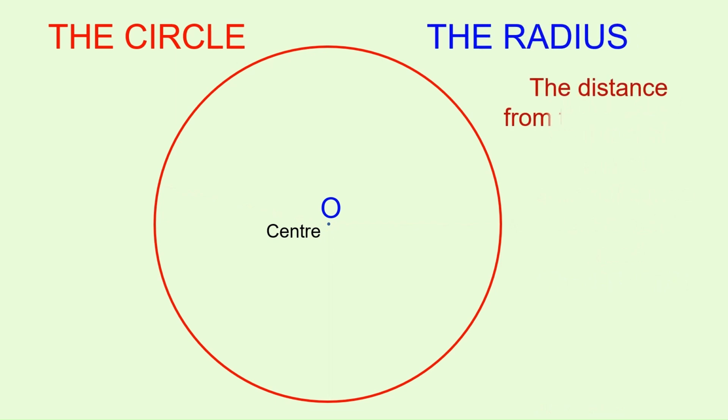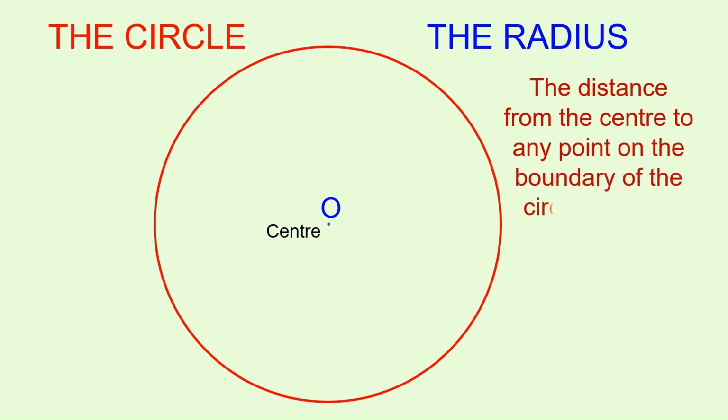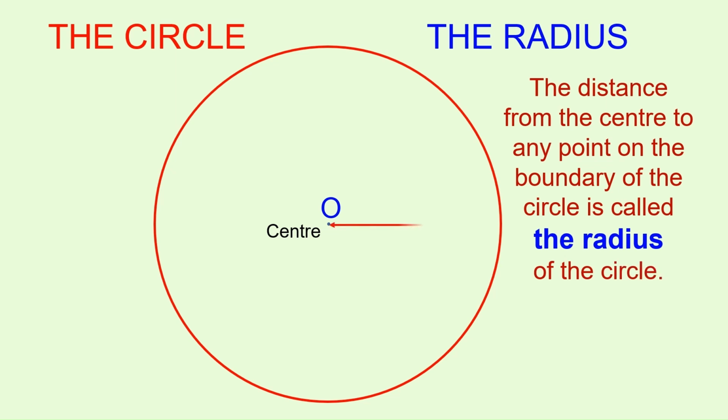The radius: the distance from the center to any point on the boundary of the circle is called the radius of the circle.